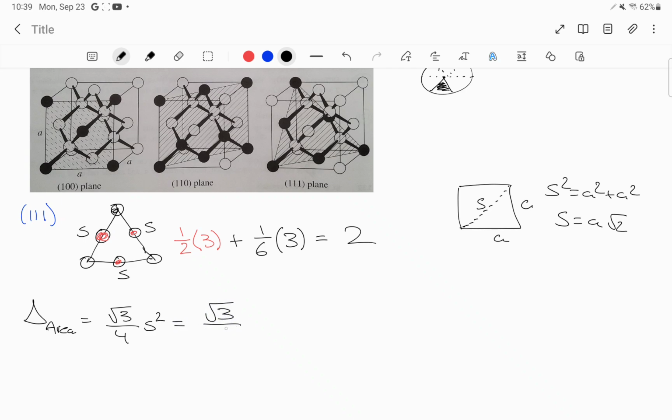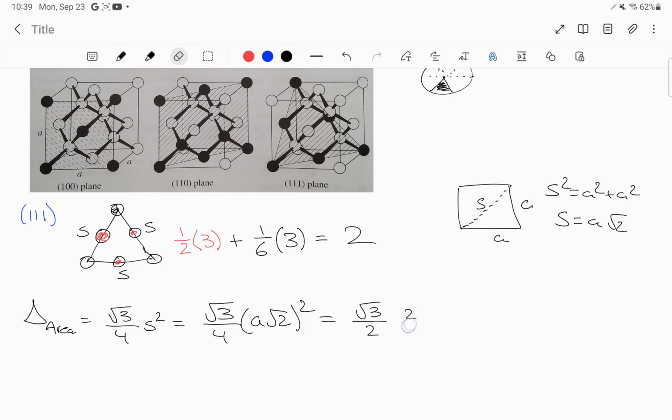So my area is going to be A square root of 2 squared. And canceling, the square roots cancel, so we have 2. And then the A is squared, so we have 2 over 4, which is square root of 3 over 2.